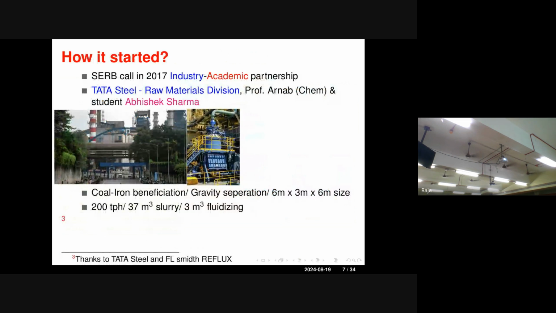All this was initiated at SCRB in 2017 via an industry-academic partnership. Along with Professor Abhinav from chemical engineering, and a joint student named Abhishek, we visited Tata Steel. They have something called a reflux classifier. Tata Steel always involves coal for burning, pulverization, and so on.